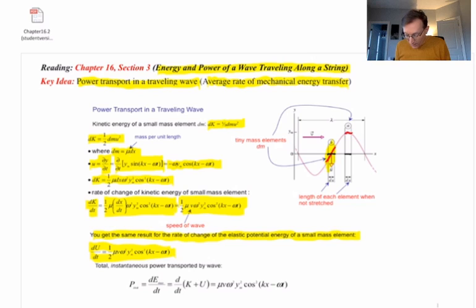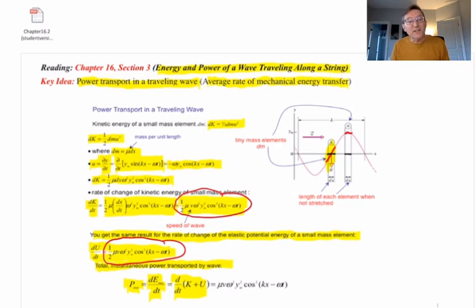So now, the total instantaneous power transported by the wave, P instantaneous, is the rate of change of the mechanical energy, d by dt of E mechanical. But that's d by dt of K plus U. And here is dK/dt, and here is dU/dt.